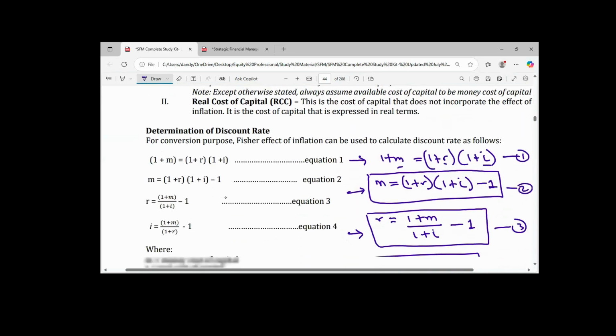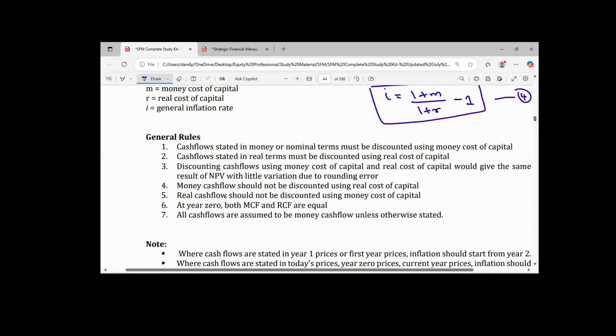Now, in addition to this, there are general rules you need to understand. Rule number 1 is that money cash flow should be used for money cost of capital. Okay? Money cash flow should be used for money cost of capital.